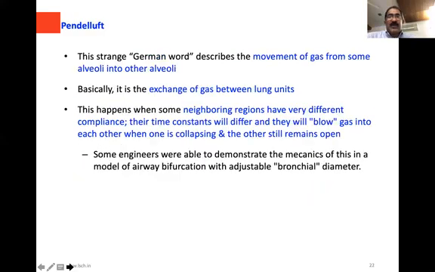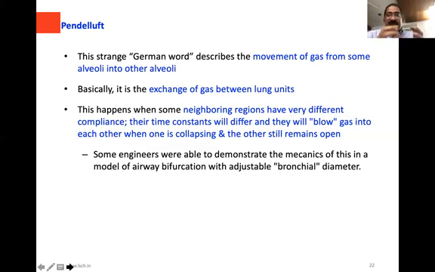The next is your pendulum. This is a strange German word. It describes the movement of gas from some alveoli into other alveoli. So basically, it's the exchange of gas between lung units, not from the ventilator into the lungs. It's between the lung units.